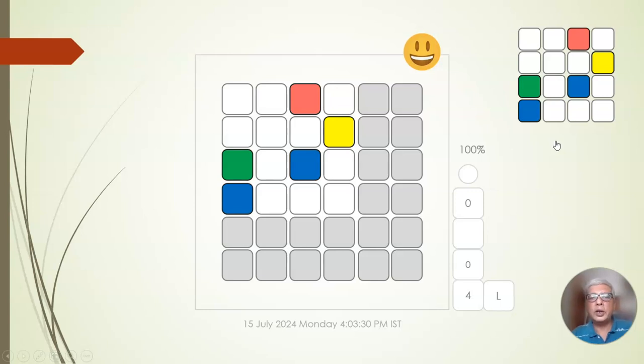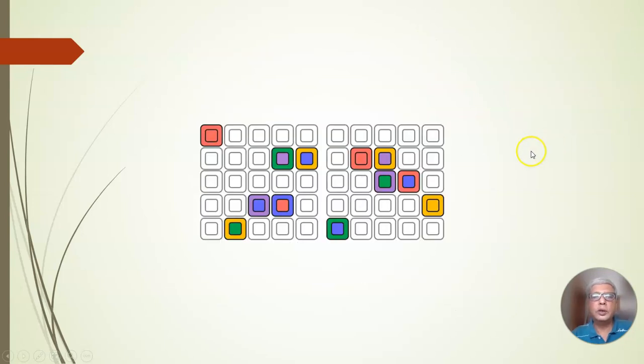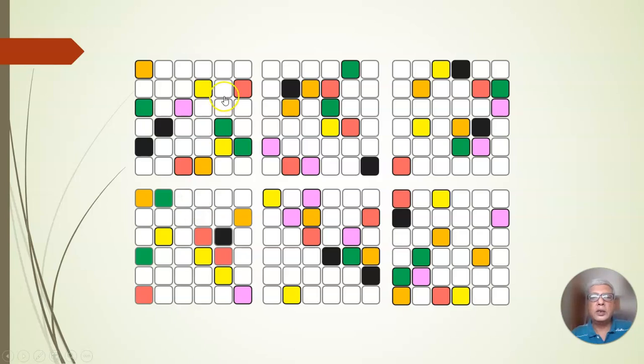Every day I publish a critical set of order 4 Latin square and ask the people to solve it. So this is the sample of 2 order 5 critical sets of Greco-Latin squares, and these are 6 order 6 critical sets of Greco-Latin squares. I'll stop here. Thank you.